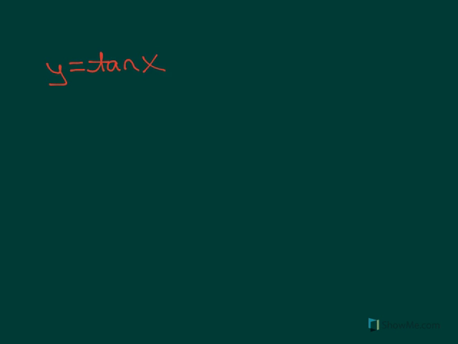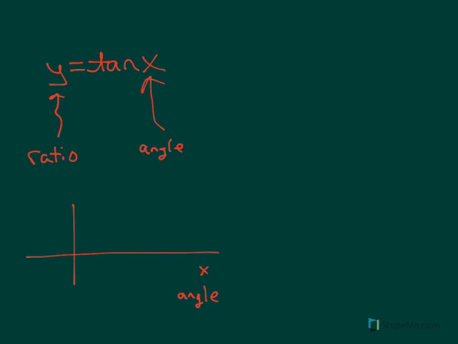If we have y equals tangent of x, remember this is the tangent ratio after you evaluate it at a certain angle. So when you're making a graph of any trig function, you're technically plotting the x, which is the angle scale, and then the y, which is the ratio. So you're just doing a picture of the angle versus the ratio.